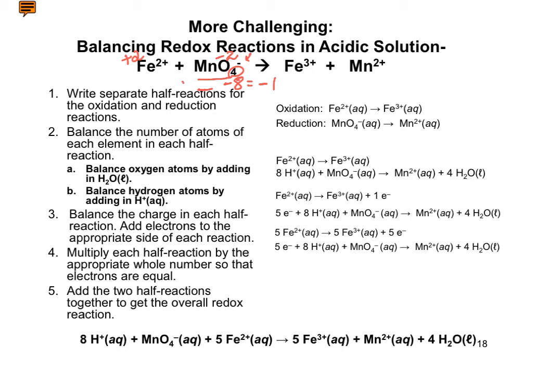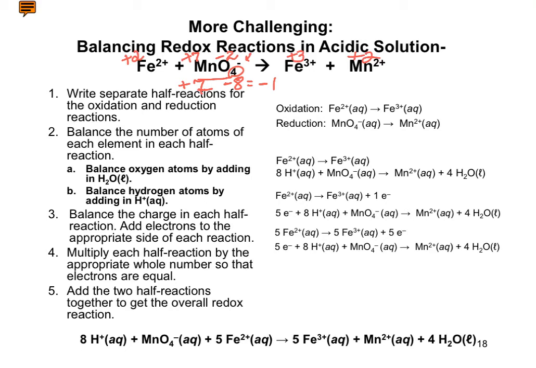Which means manganese has an oxidation number of +7 in this compound. And iron, I love individual ions because the oxidation number equals the charge, right? So these are easy. All right, so now we're done assigning oxidation numbers.